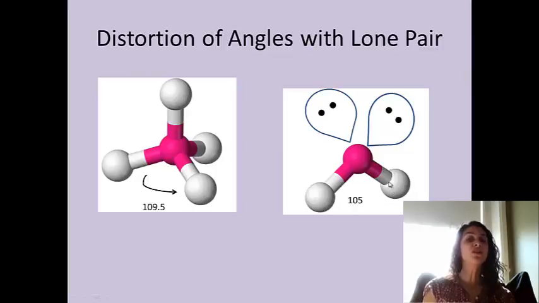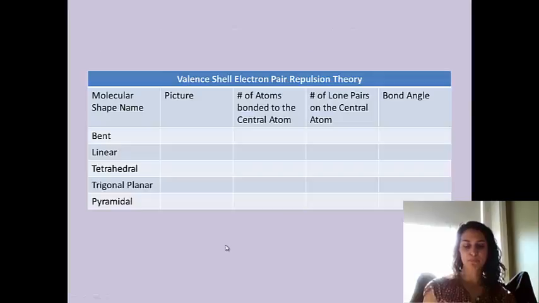Over here we also have 4 domains, but this is a bent shape, molecular shape. And we have a 105 degree angle between the bonds. And that's because these 2 sets of lone pairs are ballooning out and pushing these bonds further away, closer together, and reducing the angle between them.